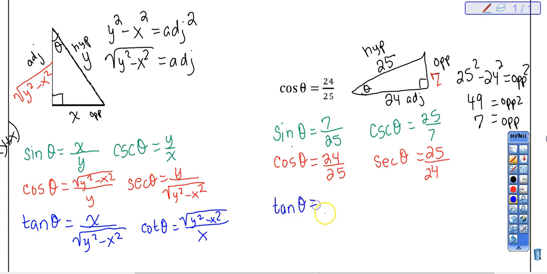Woohoo! Jose, tangent of theta. 7 over 24. All right, and cotangent of theta, everybody. 24 over 7.